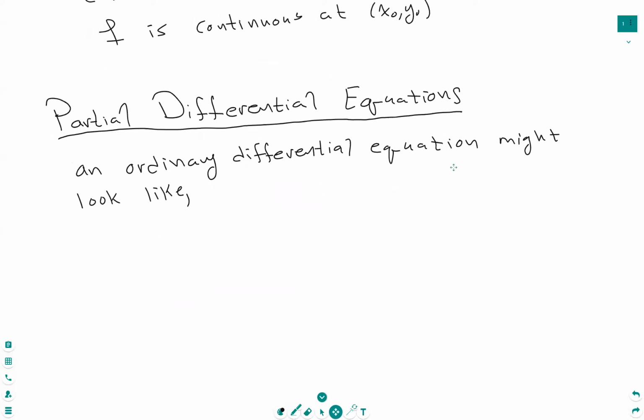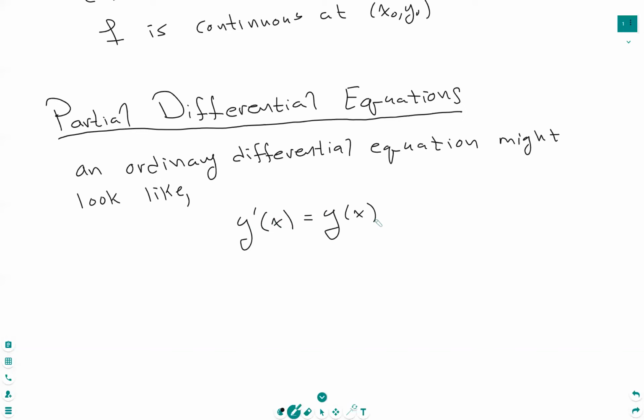So an ordinary differential equation, or an ODE, might look like: I have some function y of x, and its derivative is equal to itself. Now, the whole point of differential equations is you have a relationship like this where you have differentials, right? So I have a differential equation here.